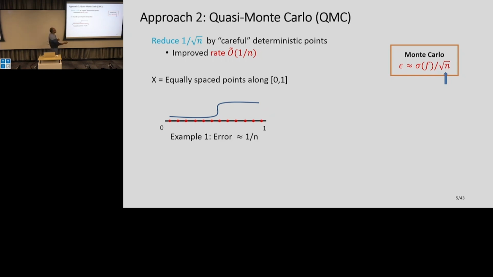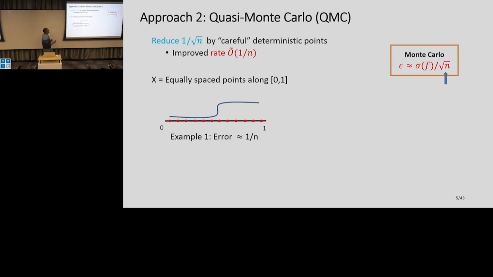And these aim at improving the square root n dependence in Monte Carlo. So the big result here, and we'll see how this comes about, is that you can get a rate which is roughly like 1 over n. And tilde here means typically polylogarithmic factors, which we can ignore throughout this talk. And this might make sense.